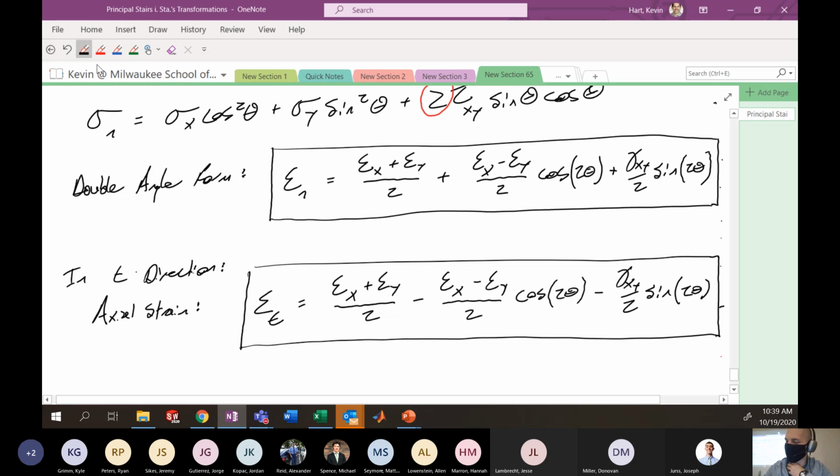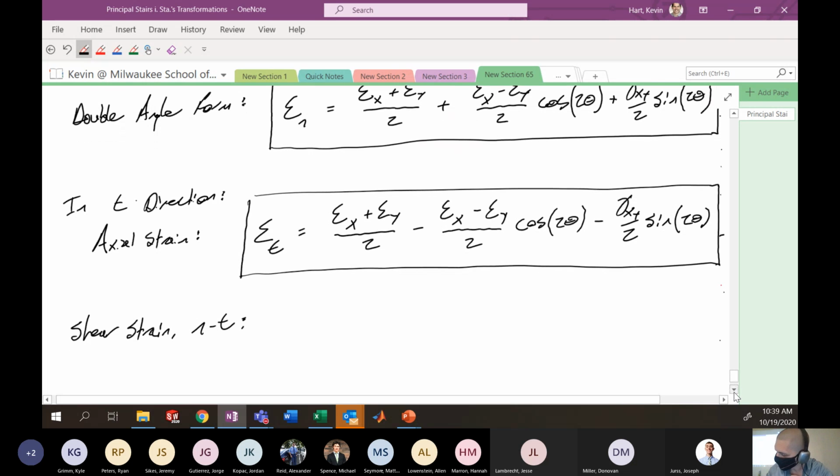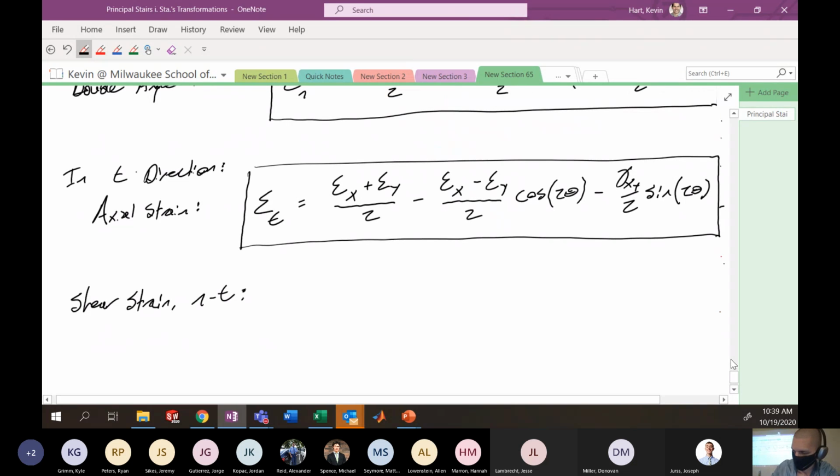The last thing you might want is the strain in the NT axes. Again, the derivation is similar to the shear stress, and it's going to look very similar. It's gamma NT, but again, a factor of 2 floating.